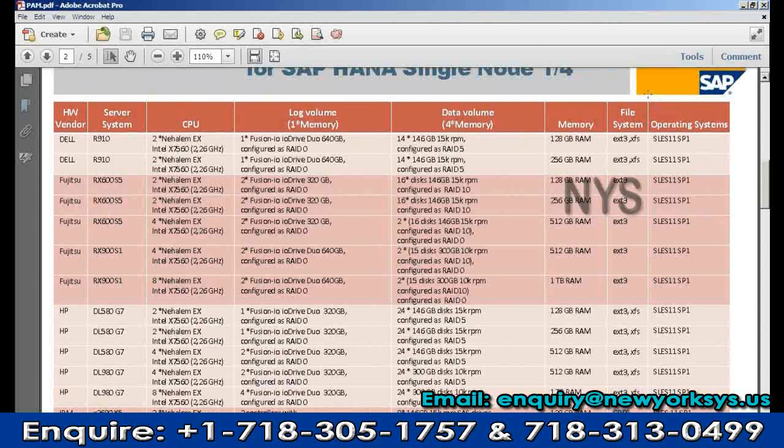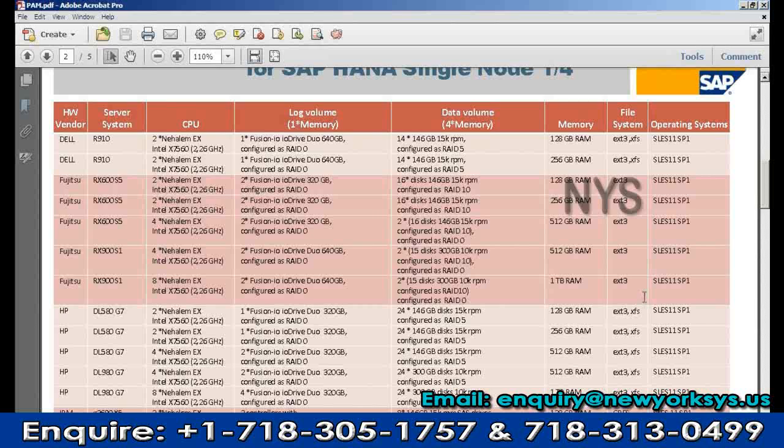Next, the final column here is the operating system. If you notice, it is the same entry again and again: SLES11 SP1, that is SUSE Linux Enterprise Server 11, Service Pack 1. Minimum Service Pack level is 1.